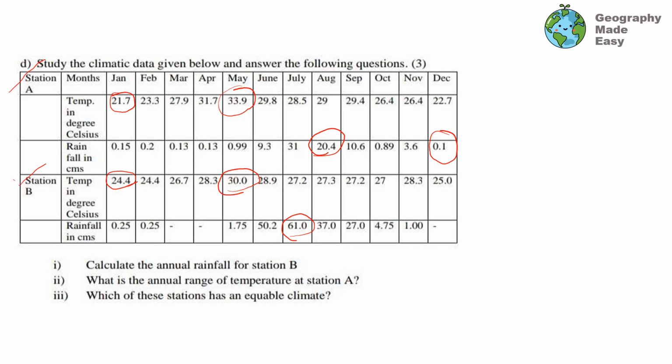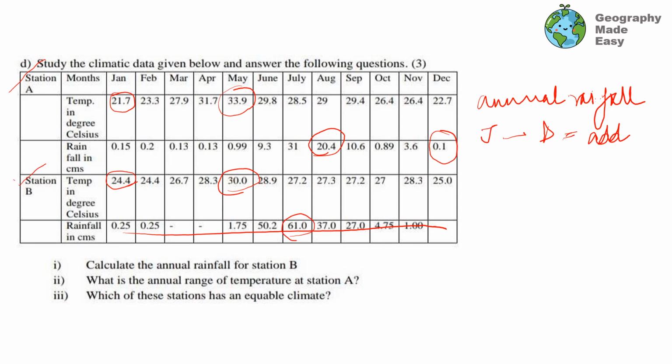If I have to calculate annual rainfall for station B, I will add up all the rainfalls for all the months. January to December, I have to add up all the rainfall values which are given, and I will be getting the annual rainfall, because they have just asked how much rainfall station B receives at the end of the year.